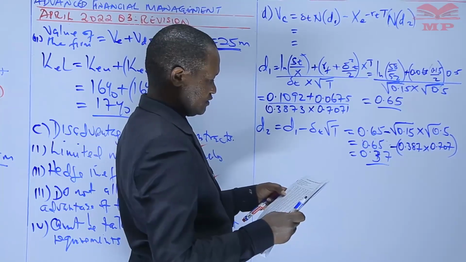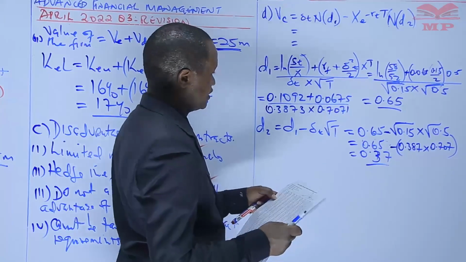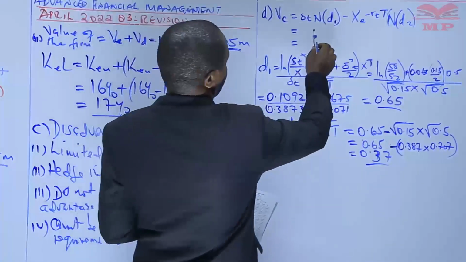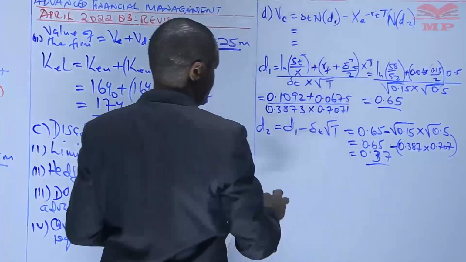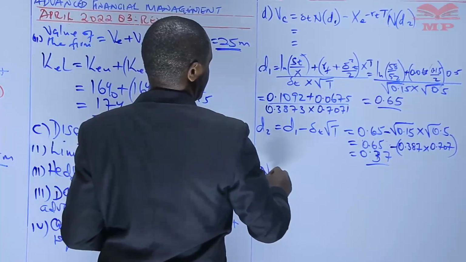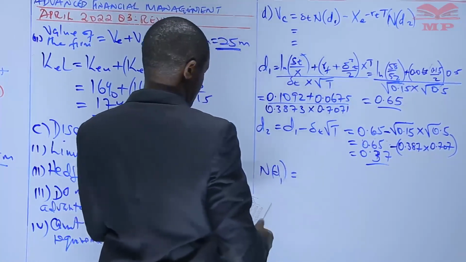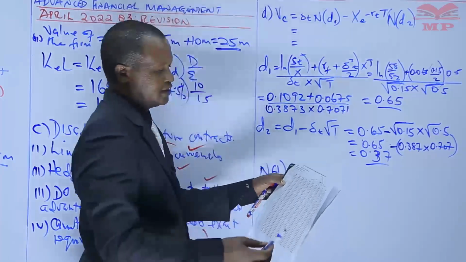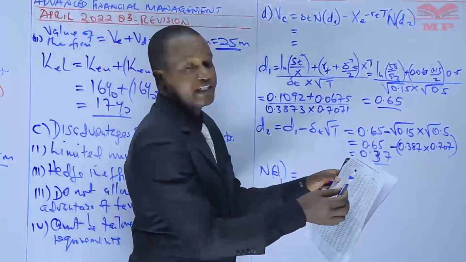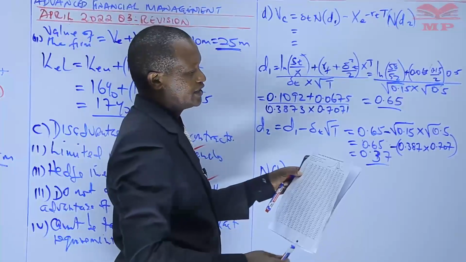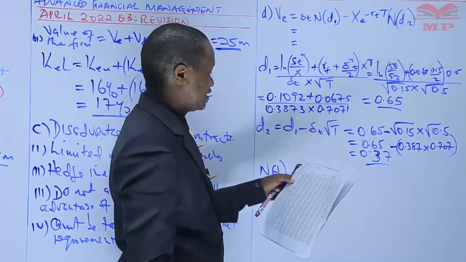So we are calculating N(D1), given that this is a one-tailed standard normal distribution and the tail is on the right-hand side.